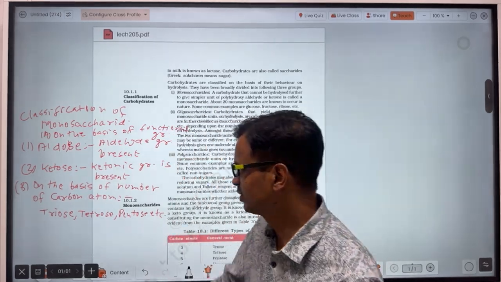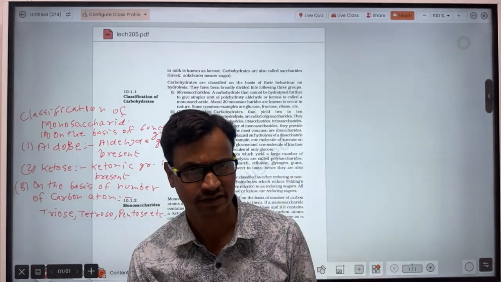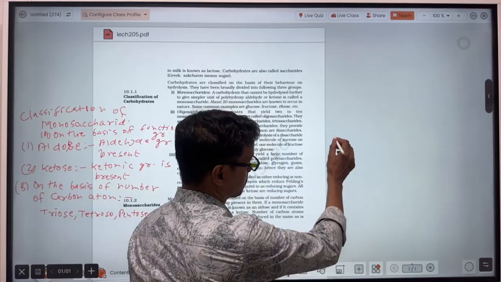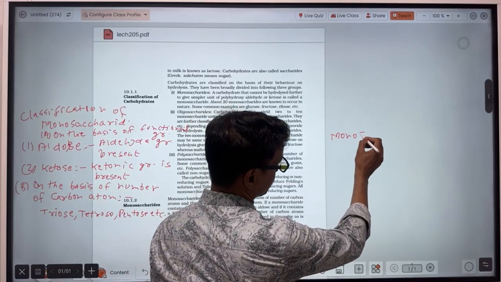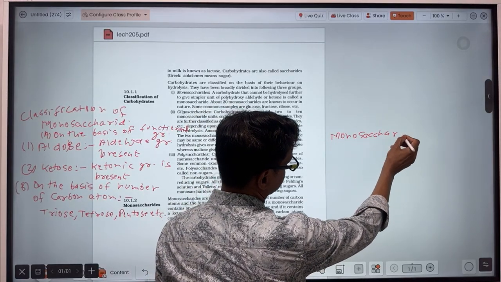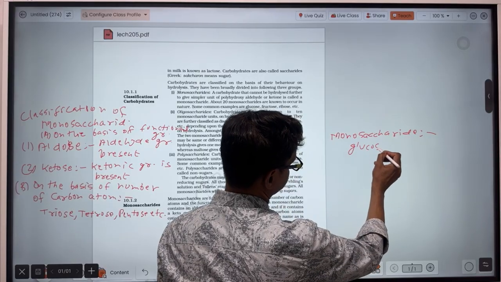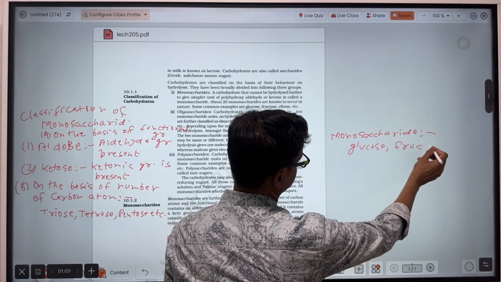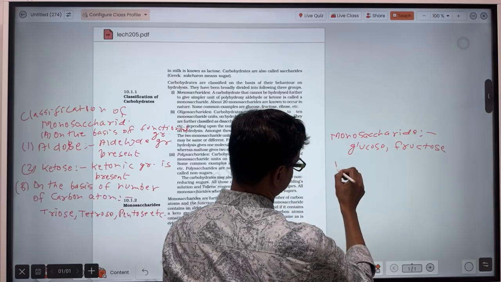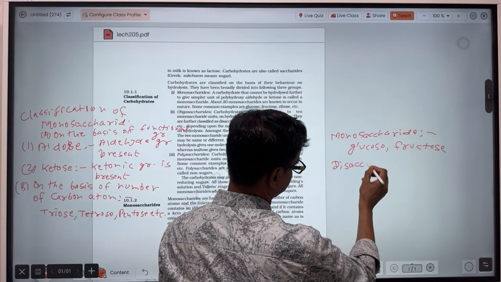Okay, guys, that was about this classification of monosaccharide. Examples of monosaccharide are glucose and fructose.